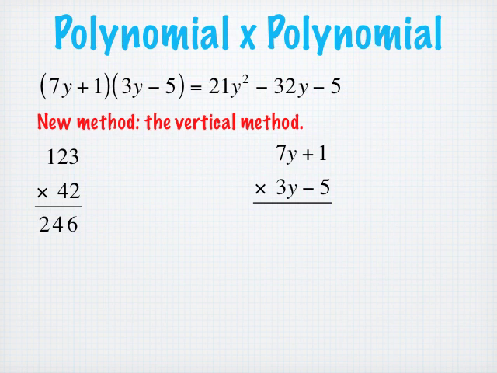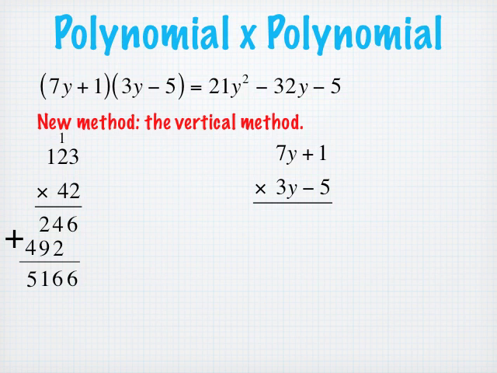Then you'd put in a placeholder of 0. 4 times 3 is 12, put the 2 there, carry the 1. 4 times 2 is 8, add 1 and I get 9. 4 times 1 is 4, and then I'd add everything together. 6, 6, 11, carry the 1, 5, so I'd get 5,166.